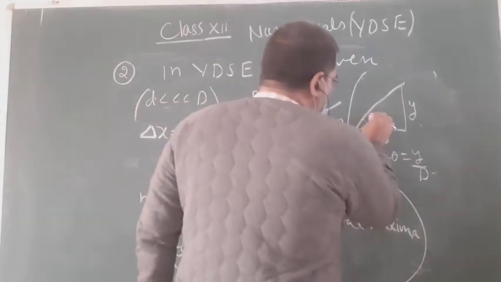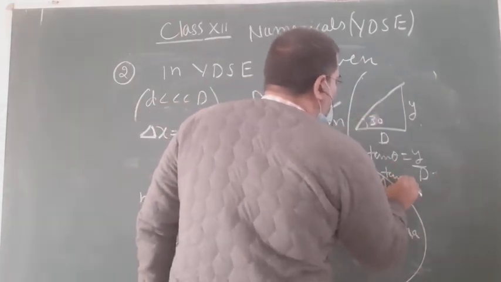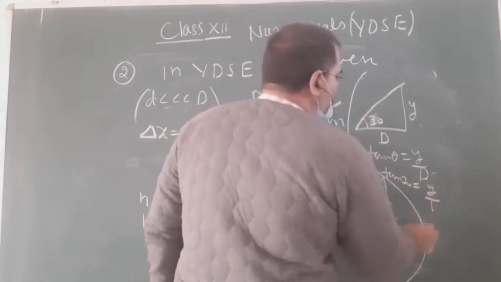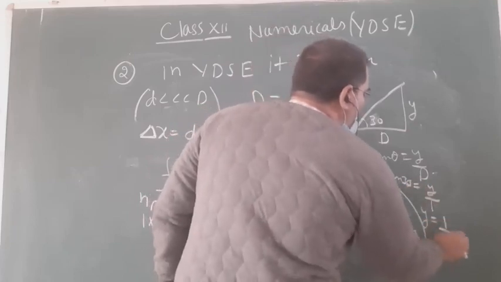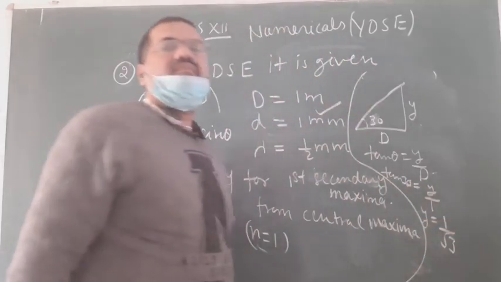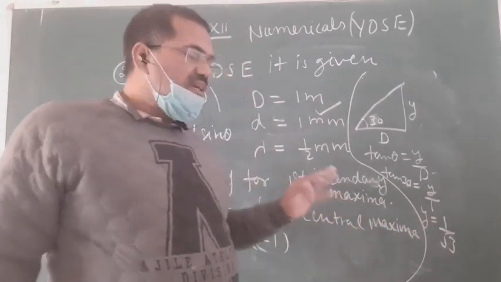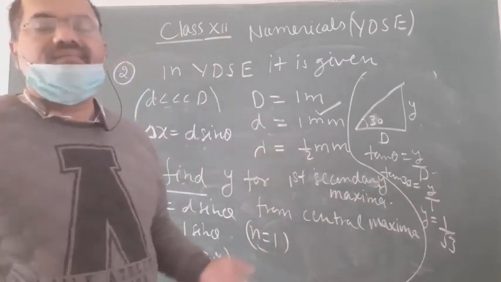Theta is 30 degree here. So tan 30 equal to y upon capital D, 1 millimeter. So tan 30 equal to 1 by root 3. So y equal to 1 by root 3. It means this is the position of first secondary maxima from central maxima. Y equal to 1 by root 3. This is the answer.